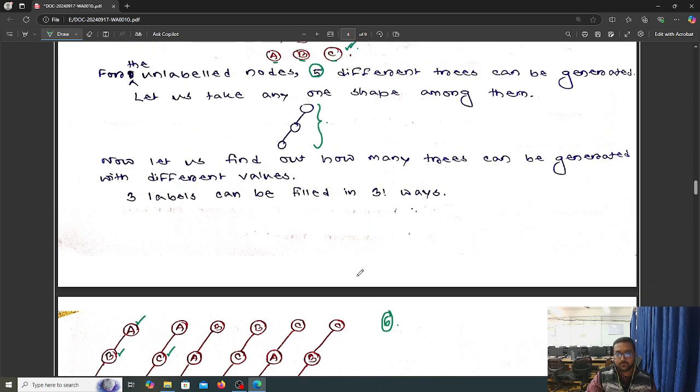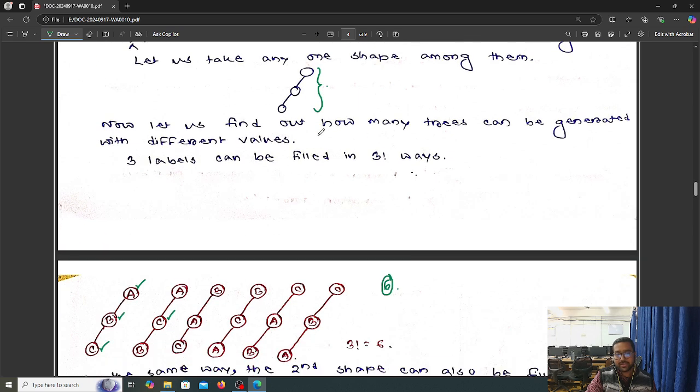So for one binary tree, we can keep the data in 6 different ways, or we can say 3 factorial ways.